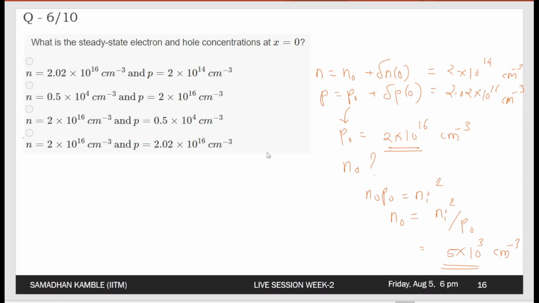So option D is the correct option for the steady state electron and hole concentrations at x equal to 0.